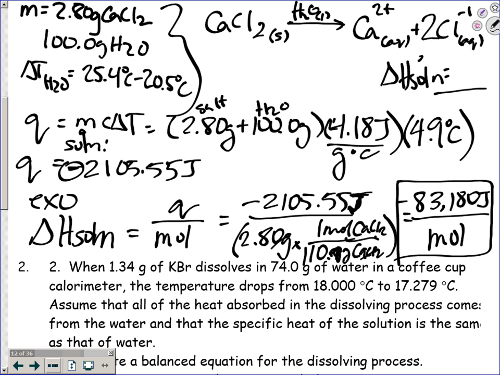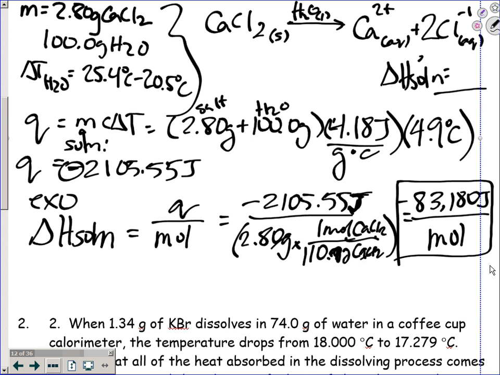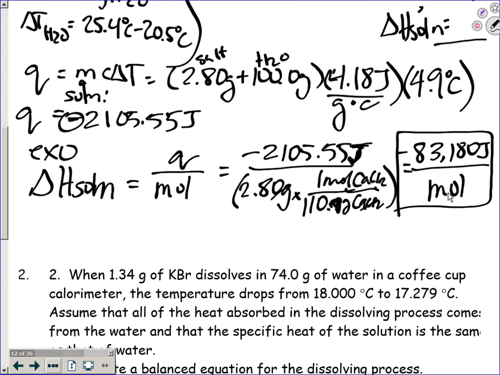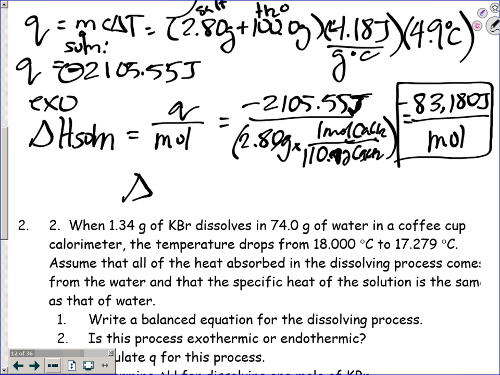I want you guys to convert this, I'm sorry, this is in joules per mole. Can you now convert this to kilojoules per mole? What is that in kilojoules per mole? Approximately negative, and how many sig figs do I need? 3 sig figs. So delta H of solution is negative 83.2 kilojoules per mole.